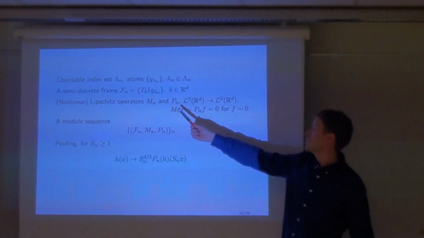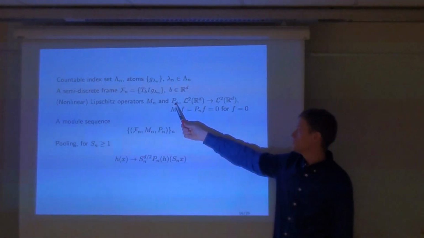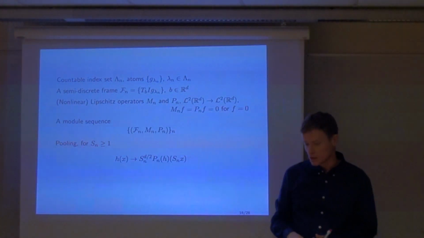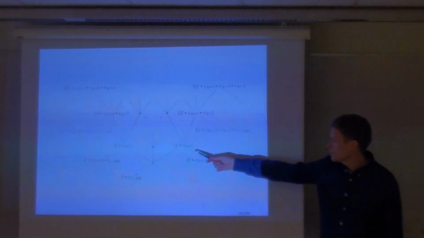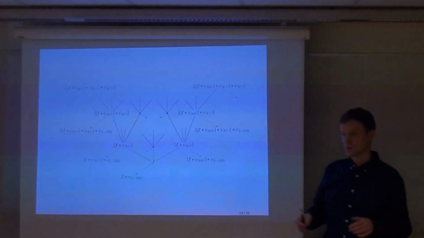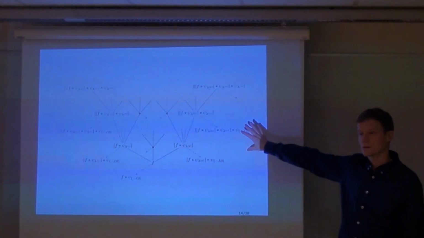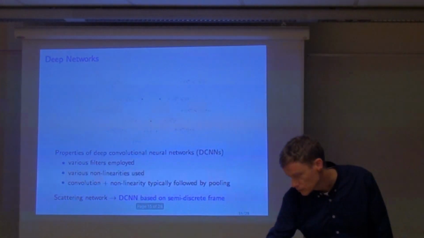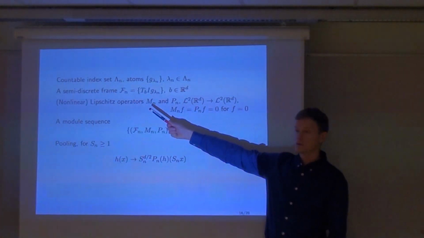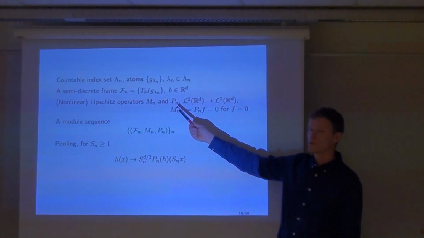And then we introduce also another operator that can be nonlinear, and this is the pooling operator that we didn't have in there. If we go back and look at the scattering network, the only nonlinearity was the modulus, and there is no pooling. Now we do two more things: we do something more general than modulus, and we introduce a pooling operator.